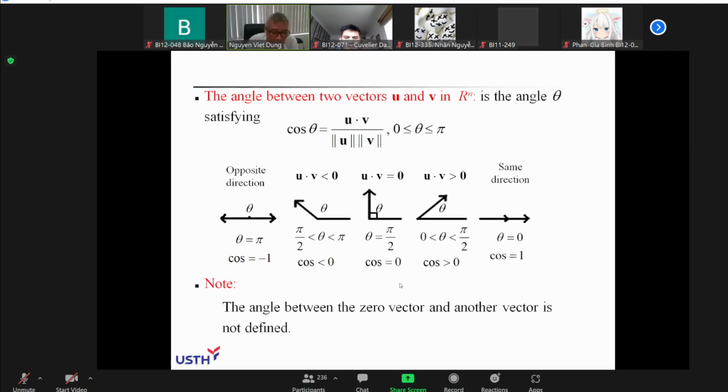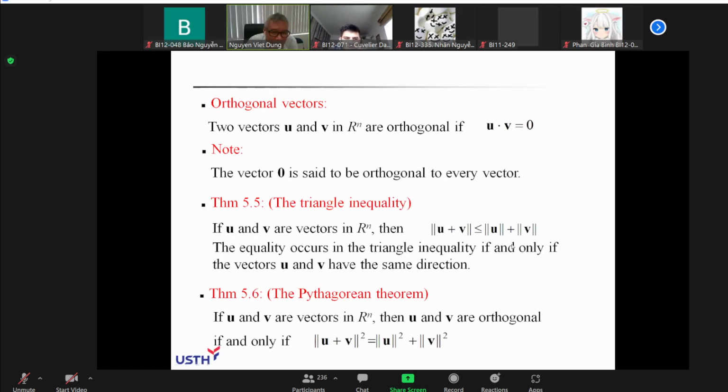You should note that we cannot define the angle between the zero vector and another vector. However, the zero vector is considered to be orthogonal to any other vector. That is something very funny.